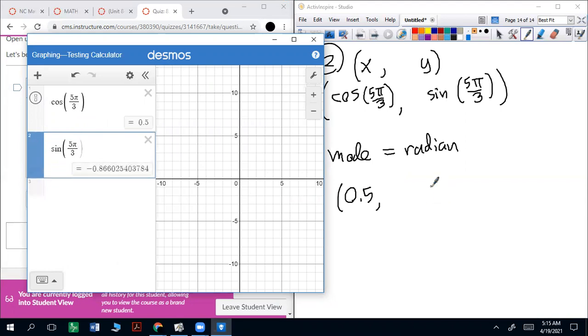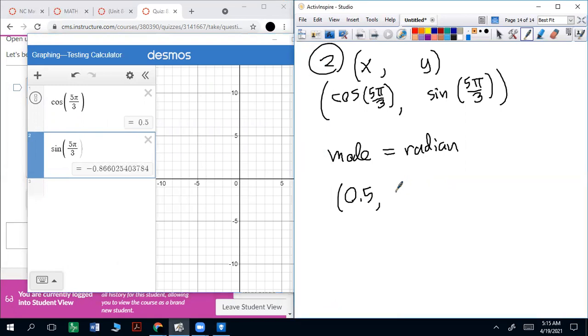That's negative 0.866. So 0.5 and negative 0.866.